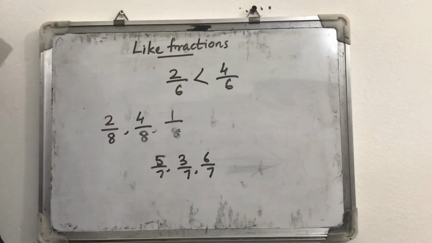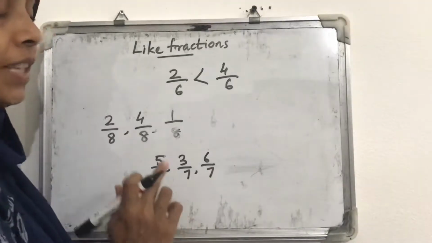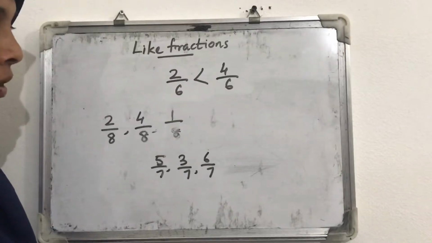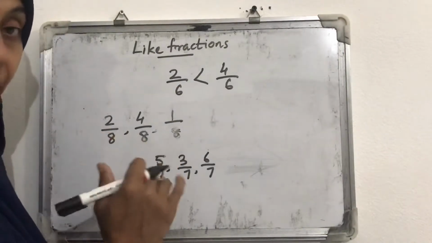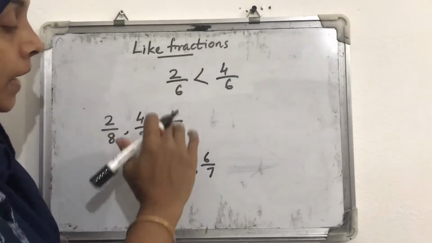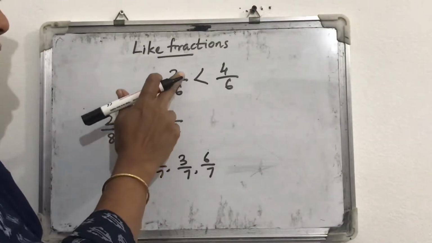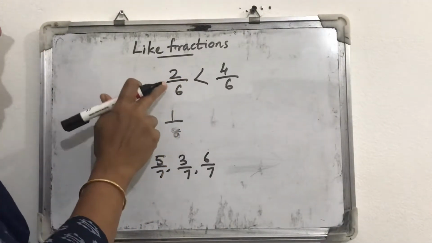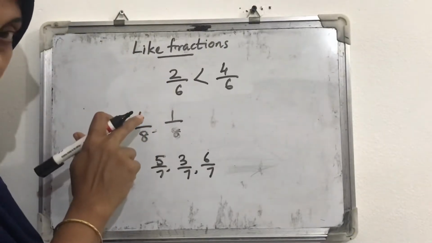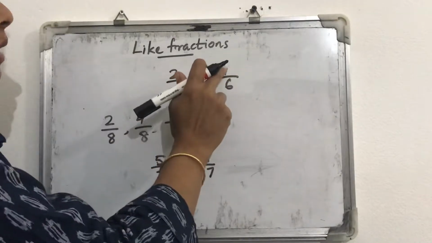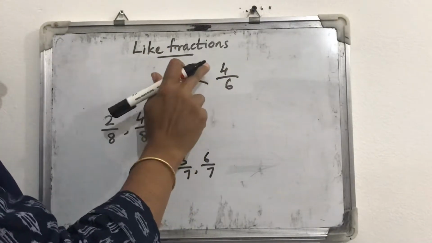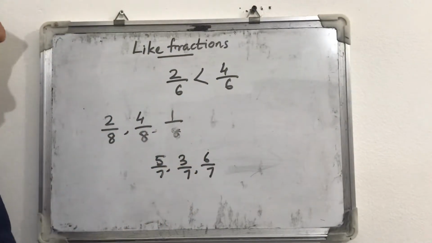So these three fractions are another set of like fractions. In this way we can compare like fractions. The fraction with the smaller numerator will be the smaller fraction. If the numerator is greater, then that fraction will be the greater fraction.